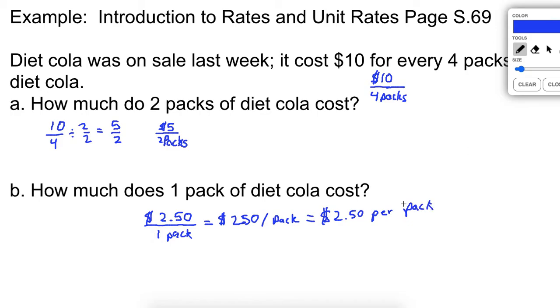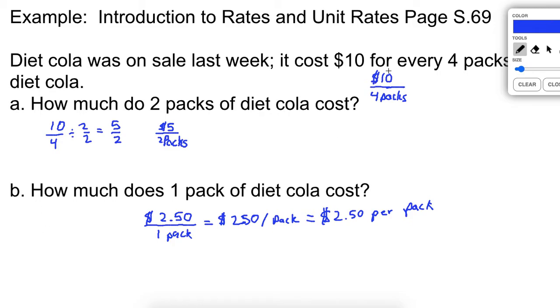Now, I want you to think about how these are written up here. The other meaning for the fraction bar is division. So if we want to calculate our unit rate, we can simply divide this out.